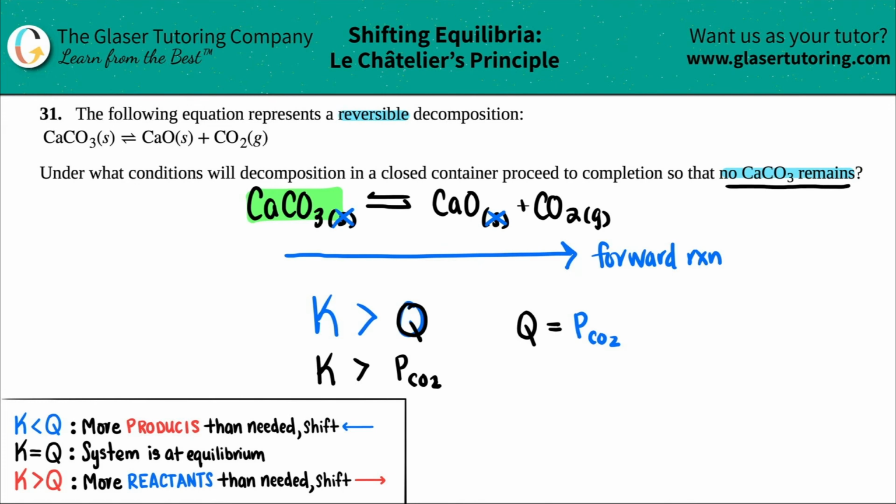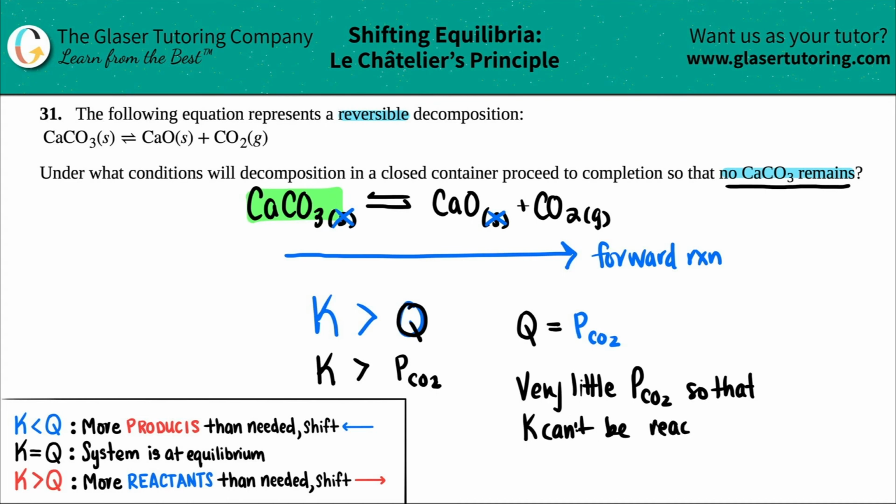The condition is that you have very little partial pressure of the carbon dioxide, there's no exact number here, so that basically your K can't be reached. That way, it will always be forced to make the product, and you will never have your calcium carbonate. And that's it.